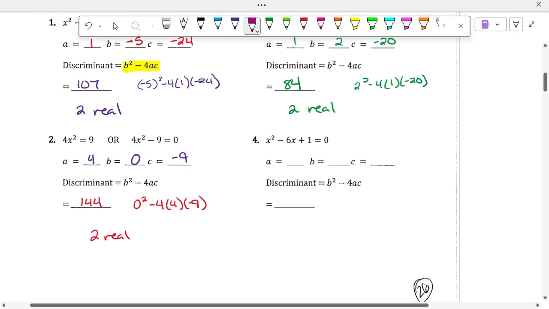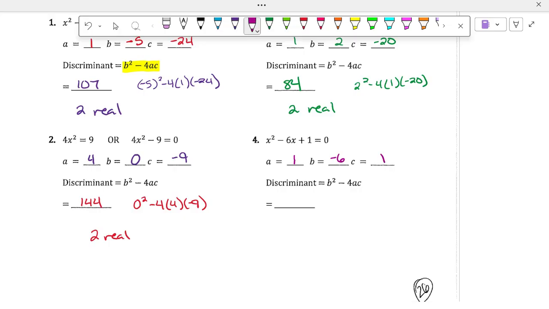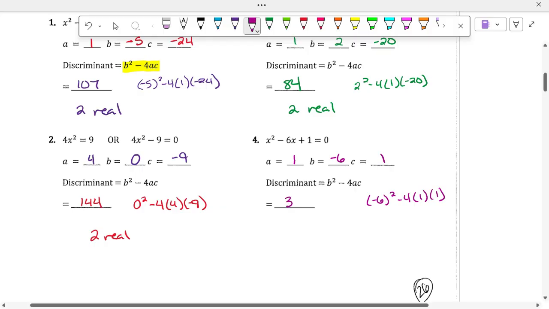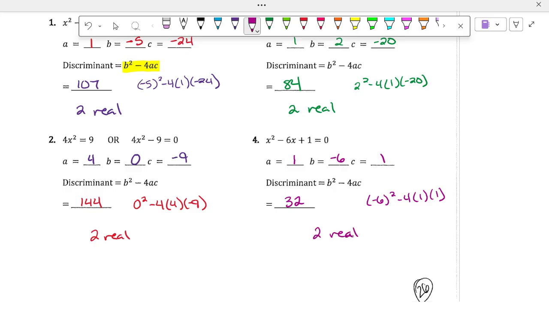And then our last one would be 1, negative 6, and 1 as your A, B, and C. So this would be negative 6 squared minus 4 times 1 times 1. So what would that be? 32. So that would also be 2 real. So all these would give us real solutions, but number 4, we would have to do completing the square or quadratic formula to get there because it can't be factored.